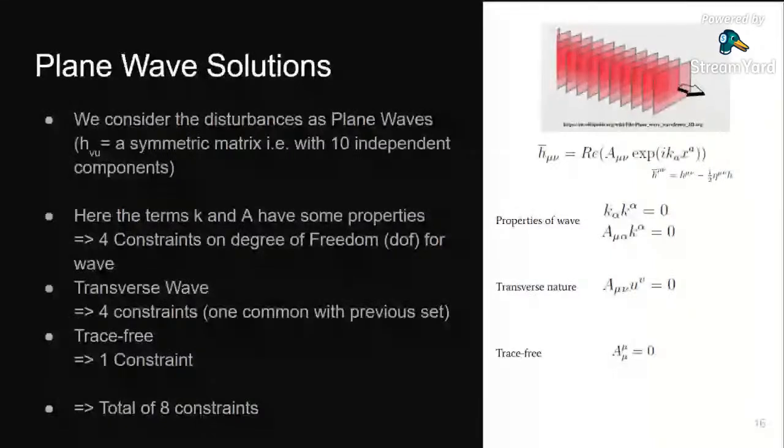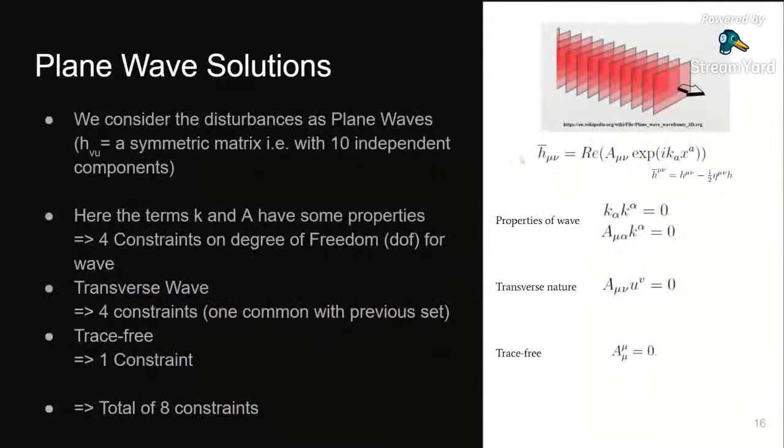I don't feel the need to explain this equation, but still, the plane wave that we are receiving at the observer end has some amplitude A_mu_nu and has a propagation vector k_a, while x^a is nothing but the position or the distance of the wave from the source. So this particular wave solution has a number of restrictions.